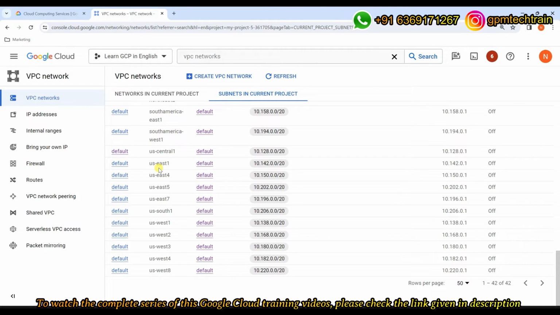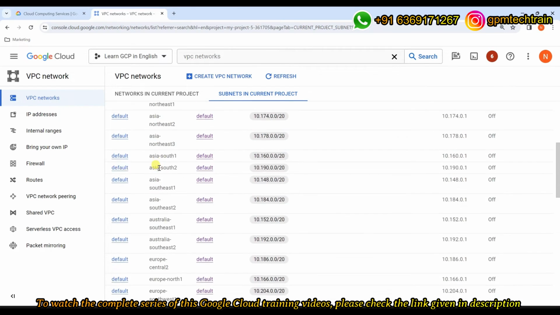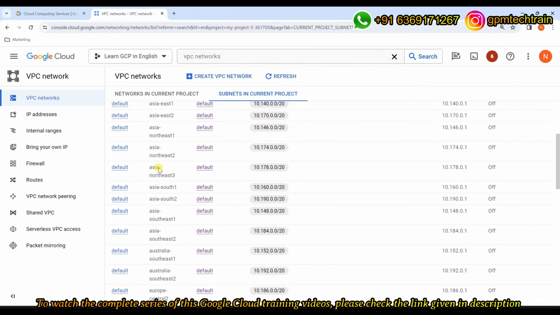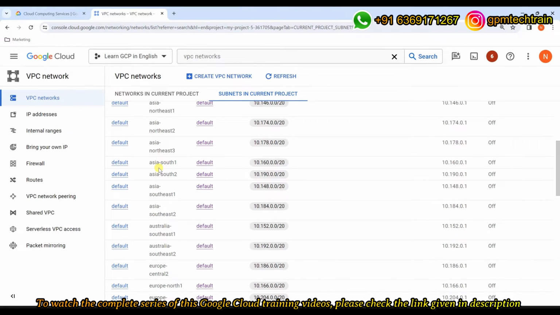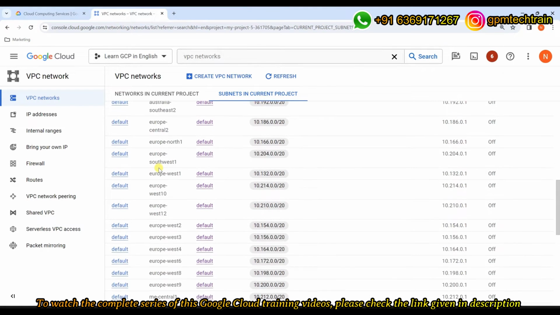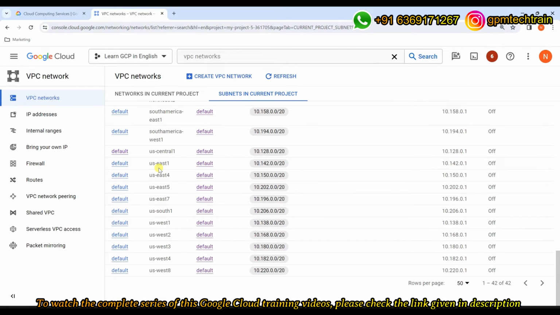In that case, having so many other subnetworks is not required. It is unnecessary, because as per my requirement my customers are available only near these two or three regions, so I'm planning to deploy my VM instances only in these regions.